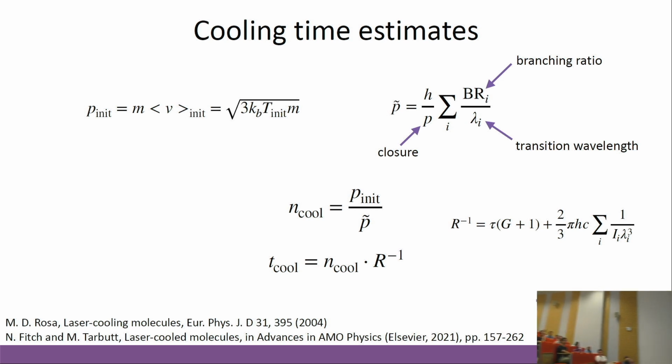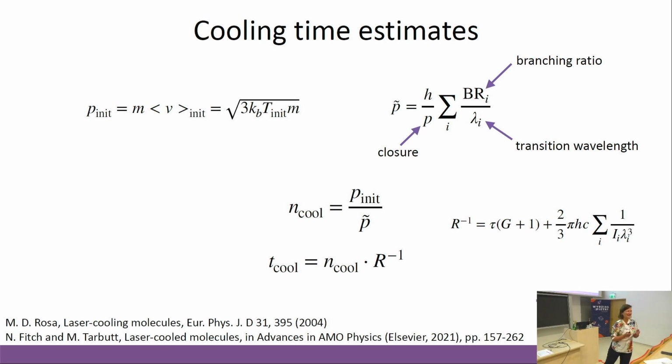Yes, exactly. So we make a very crude approximation, where we assume the initial momentum of a gas, depending on the initial temperature. Then we compute the mean photon momentum that we use. That depends on the transition wavelength and the branching ratio.